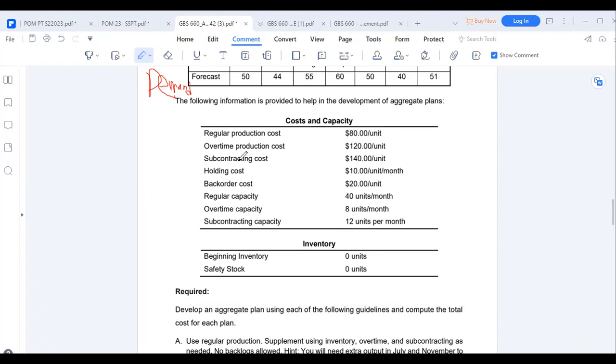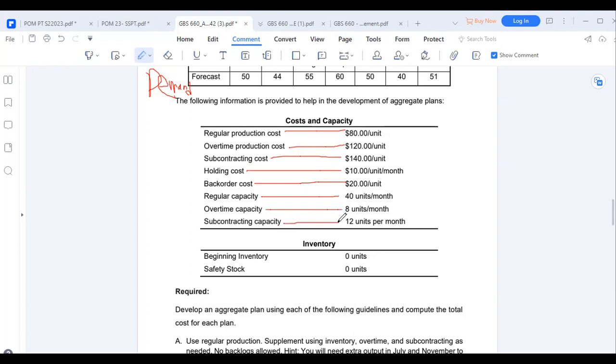And then we have the subcontracting cost, which is $140 per unit. We have the holding cost, which is $10 per unit. We have the back order cost, which is $20 per unit. We have the regular capacity, which is 40 units per month. The overtime capacity is 8 units per month. The subcontracting capacity is 12 units per month.